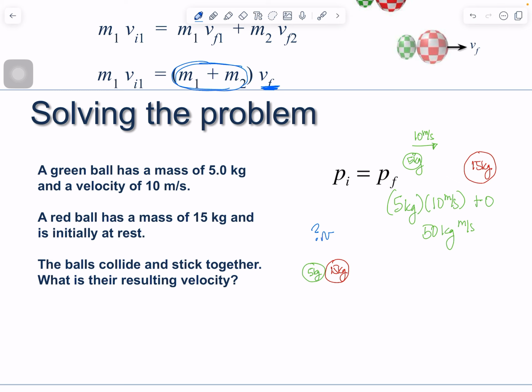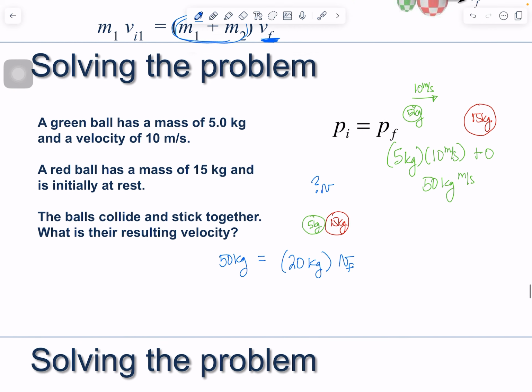So I know my P initial is 50 kilogram meters per second. And what is going to be M1 plus M2? That is going to be 20 kilograms. And then I'm going to have my velocity. So what's my velocity equal to? And that's V final. All right, let's see if you got it.